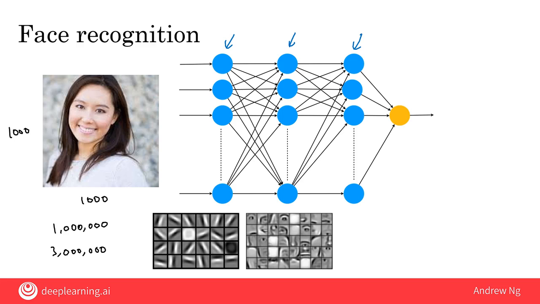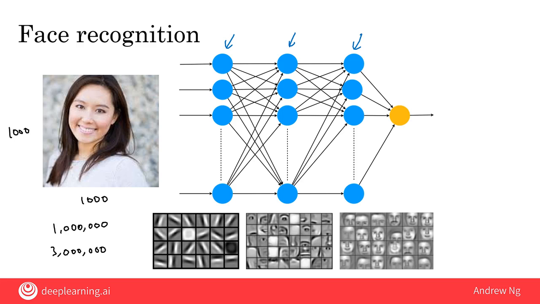So it may learn to detect eyes and noses and the shape of cheeks and the shape of mouths. And then the later neurons, further to the right, will learn to detect different shapes of faces. And it will finally put all this together to output the identity of the person in the image.